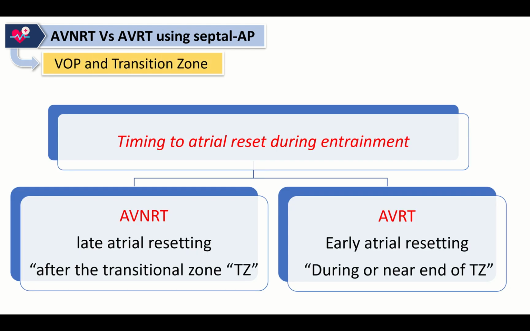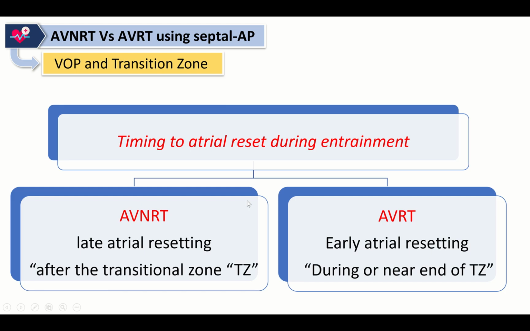Golden rule to discriminate AVRT from AVNRT: start ventricular overdrive pacing, transition zone, timing to atrial resetting during entrainment. In case of AVRT, it's a very early atrial resetting, maybe during the transition zone. In AVNRT, it's a different story.